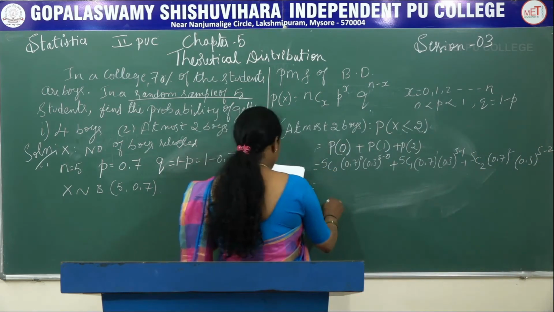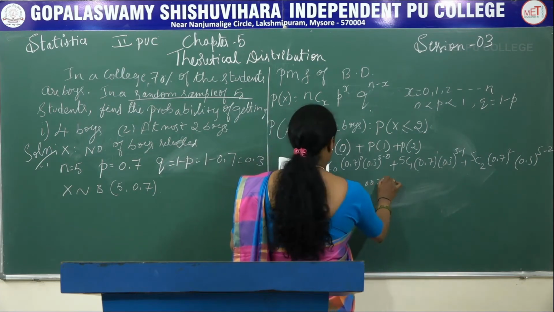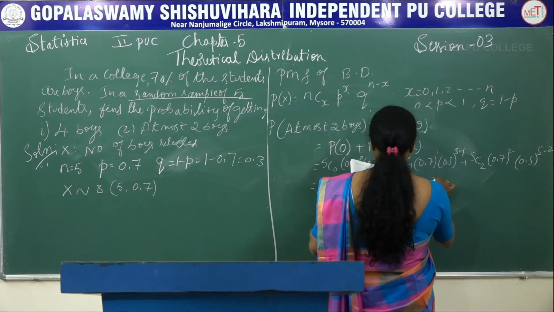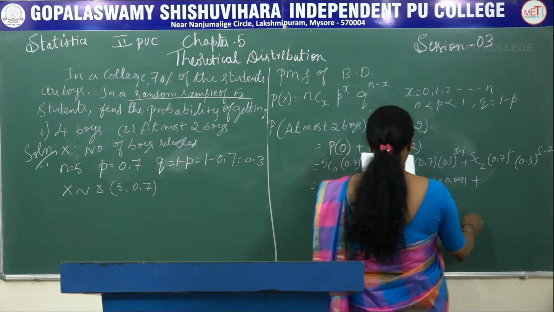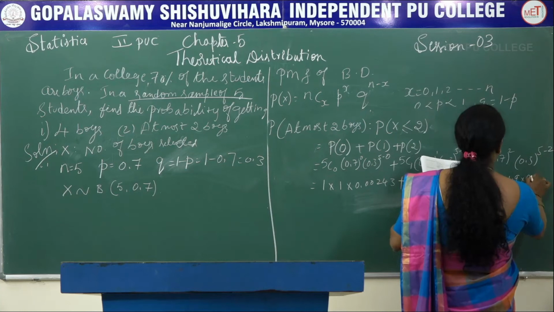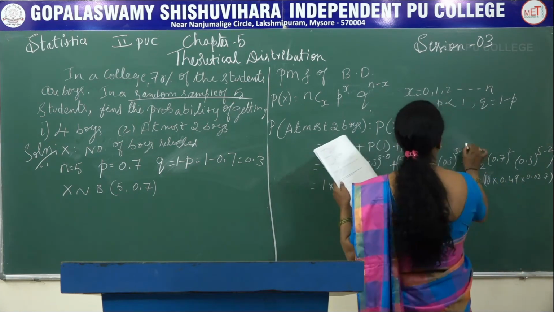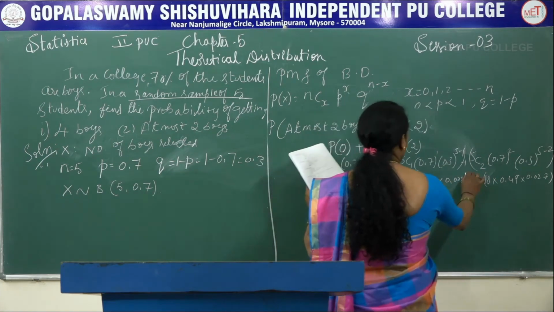So the next step is simplification. 1 into 0.00243 plus 5 into 0.7 into 0.0081 plus 10 into 0.49 into 0.027. I'll write everything in brackets because plus is there in between.